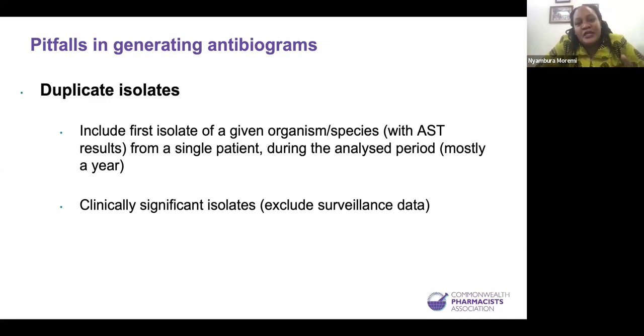So we need to filter those data to make sure that for that one patient, we get just the results of a single isolate to maximize representation. Also, it is recommended to include clinically significant isolates rather than surveillance data, because surveillance data can sometimes overestimate the burden and don't really give you the right picture when you want to target patient care.